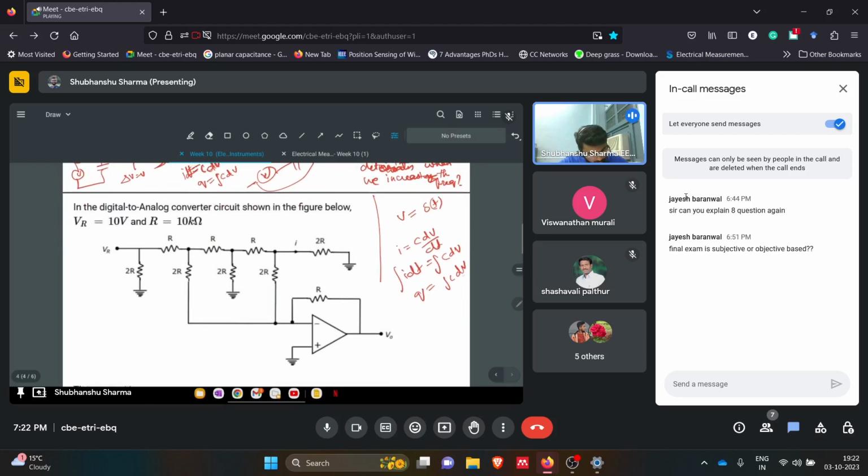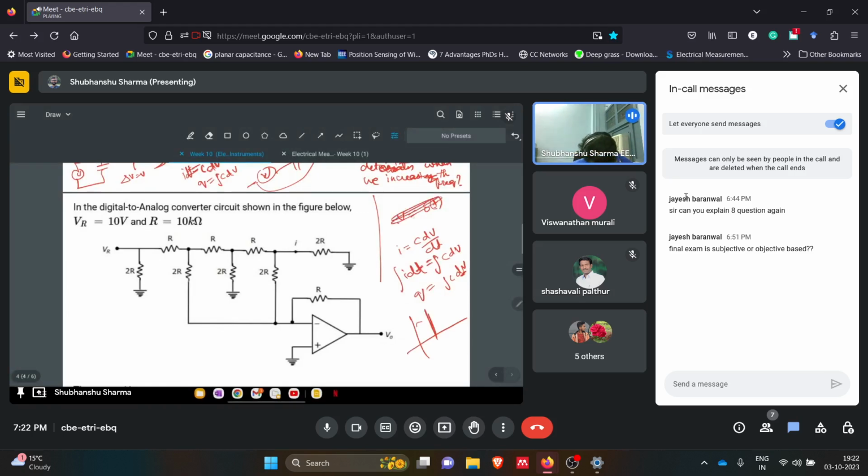Now, if the change in this is an impulse, it is basically for a very short period of time. So impulse is like this.